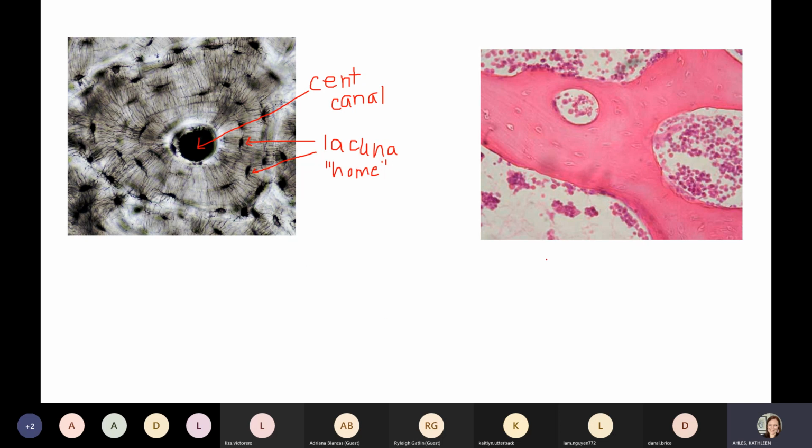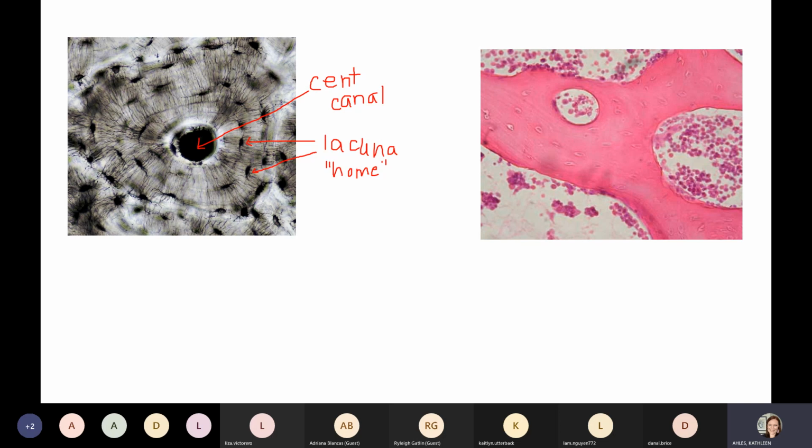I apologize. Exactly. Yes. Several of us are chiming in. The name of the cells in bone tissue is osteocytes. That's a regular bone cell. We'll talk about a couple other kinds in lecture in a couple of weeks, but in lab, the kind of bone cell we care about is osteocytes. These are the bone cells that live inside lacuna, open spaces that are essentially homes.